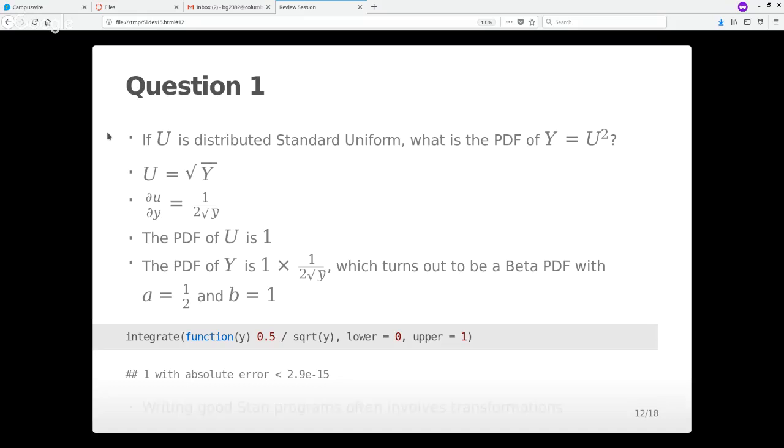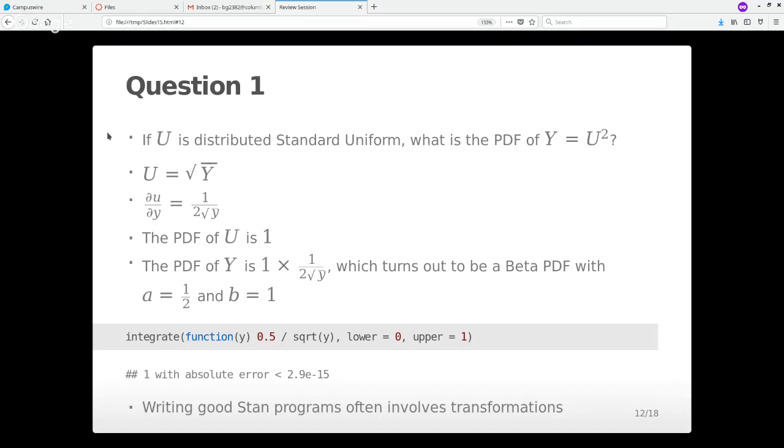And these are important because writing good STAN programs often involves working with transformations. And it goes back to the generative modeling thing. If you have this 1-to-1 transformation between endogenous unknowns and endogenous knowns, you can flip things around in your STAN program and just transform it one way or transform it the other, as long as it's a 1-to-1 relationship.